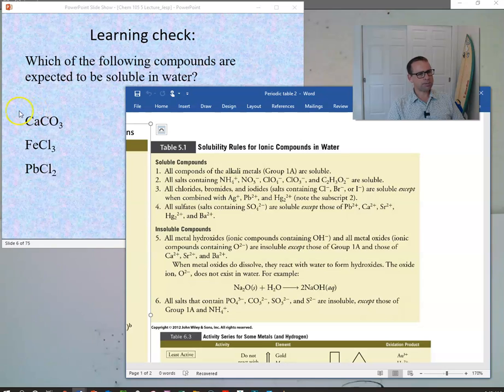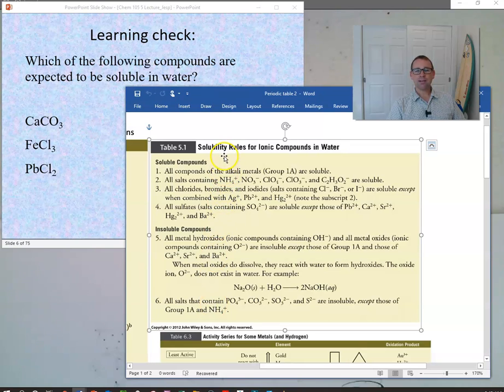Ca is element 20. Calcium carbonate. Very good. Calcium carbonate. Now let's see if we can use these rules to find out whether calcium carbonate is soluble or whether it's insoluble. All right? Let's see.